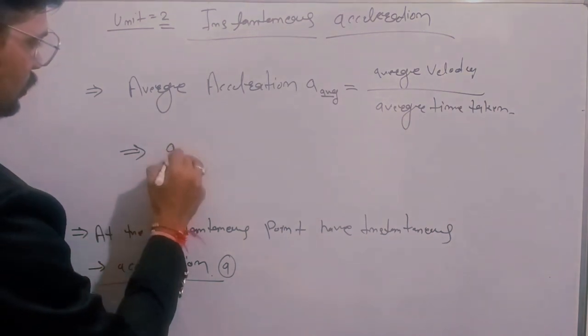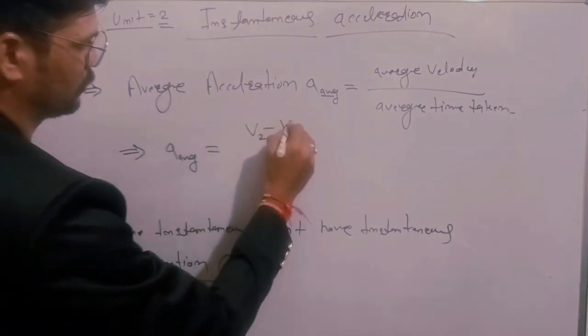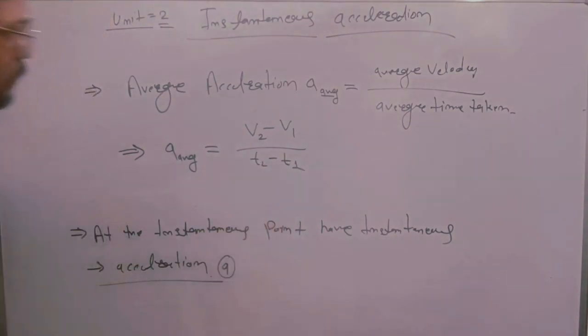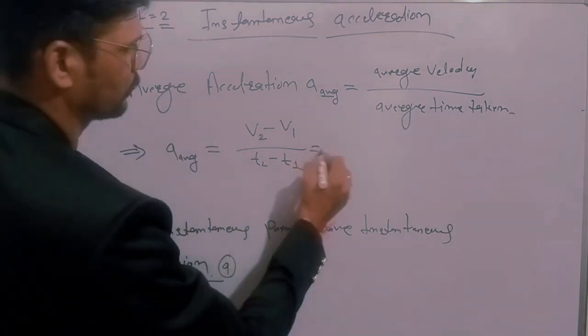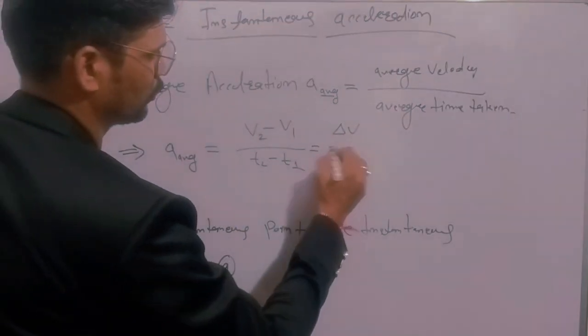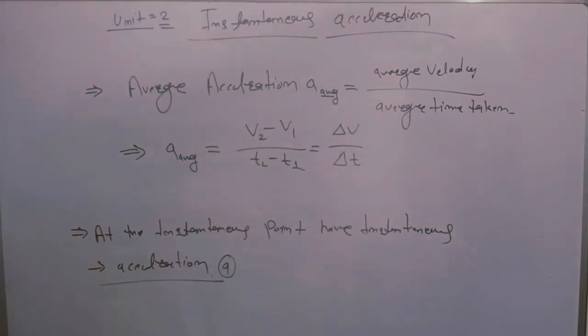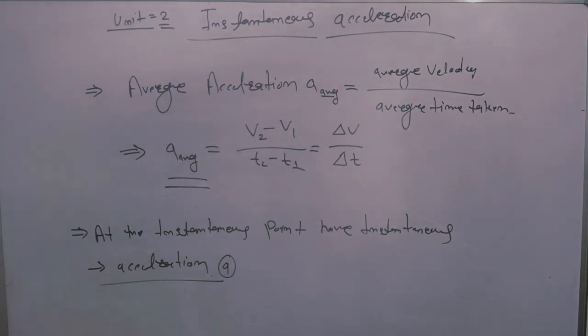So we can say a average is equal to v2 minus v1 upon t2 minus t1. So v2 minus v1 is the change in velocity, and t2 minus t1 is the change in time. We denote it by delta v upon delta t. That is the average acceleration.